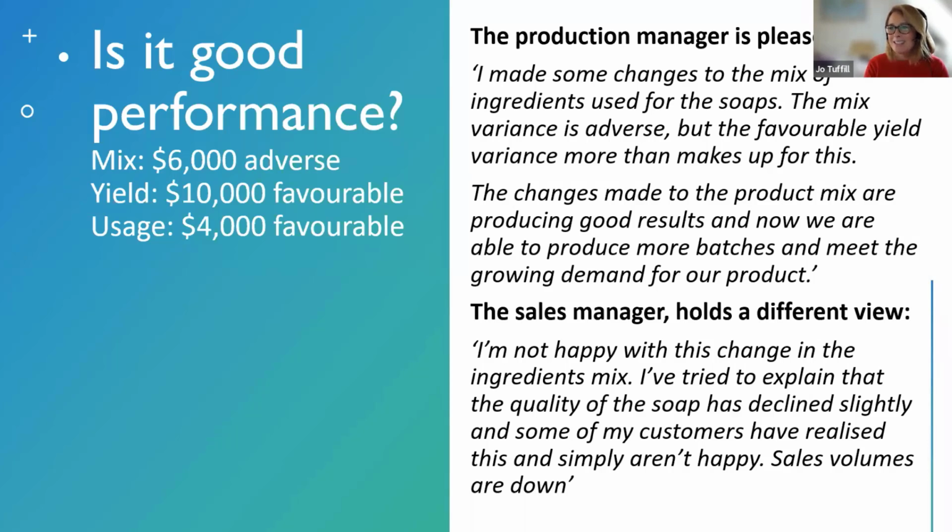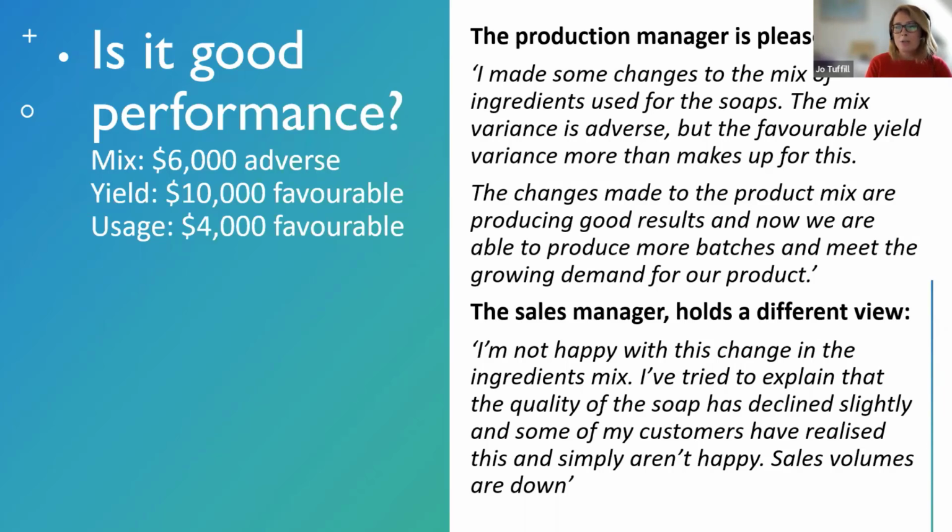So the mix is 6,000 adverse, the yield is 10,000 favourable, and the usage is 4,000 favourable, therefore. Okay, so overall, the production manager is saying, I've changed the mix to a more expensive mix. I've put more lye in and I've put more cocoa oil in. And what that's done is created a higher yield.